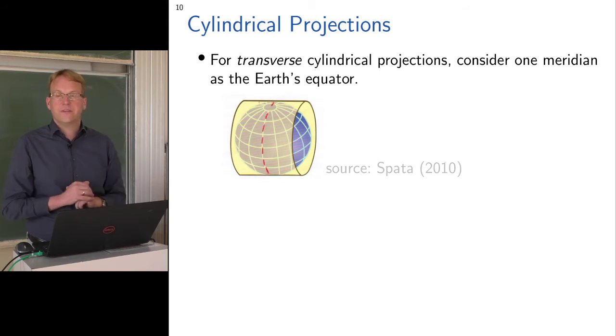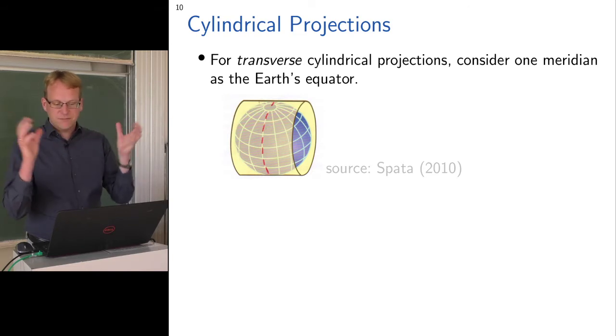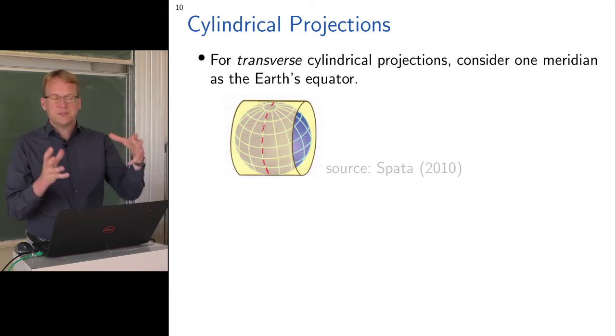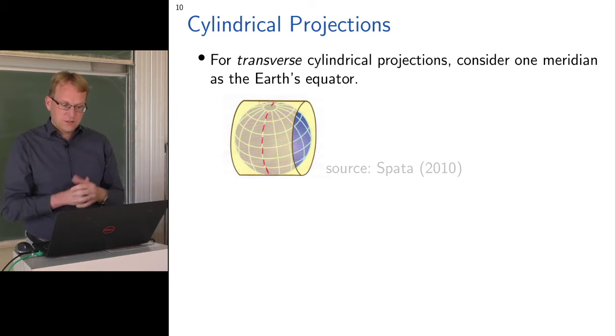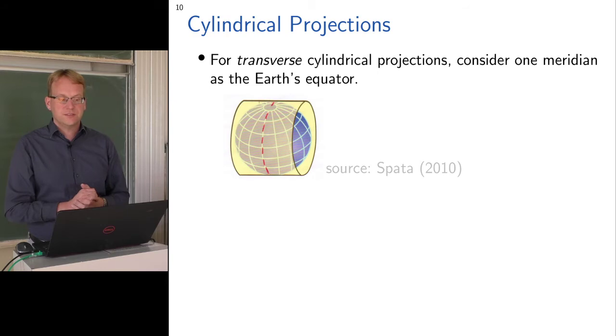Then it's called the transverse cylindrical projection. And we can also have arbitrary positions where this cylinder is arbitrarily wrapped around the Earth's sphere, but those are rather uncommon. So most common are these normal positions and these transverse cylindrical projections.